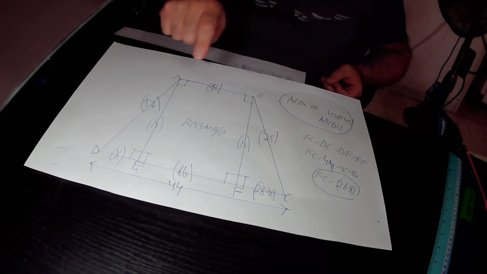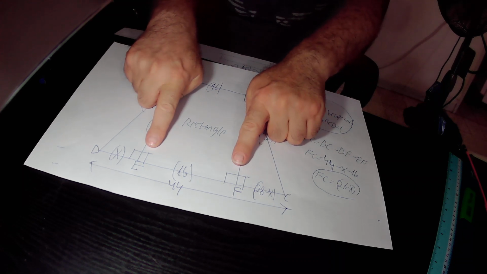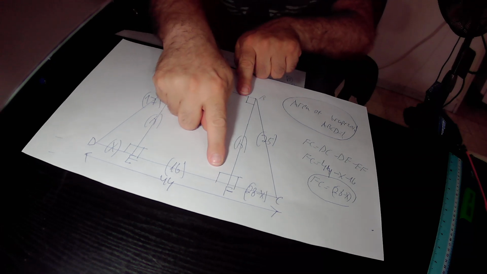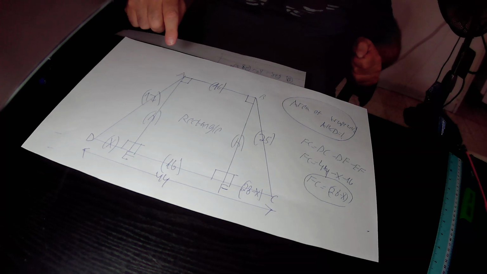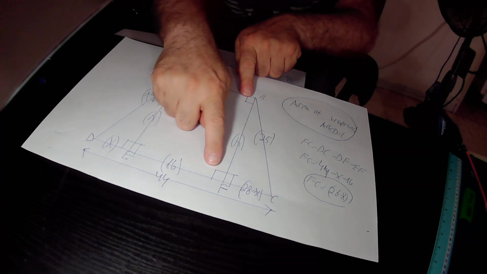Okay, and we know that AB is parallel to DC, and those two angles are both equal to 90 degrees. Those two angles are both located between the parallel lines AB and DC, and therefore they are defined as interior angles.